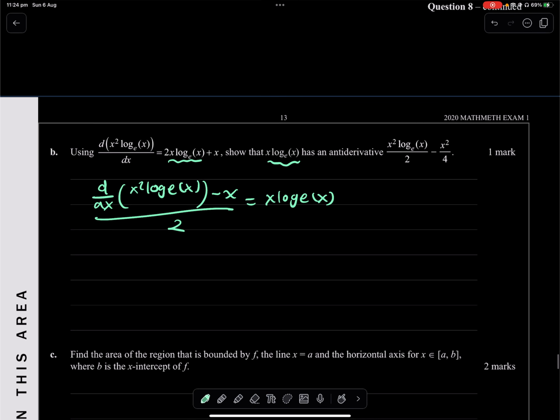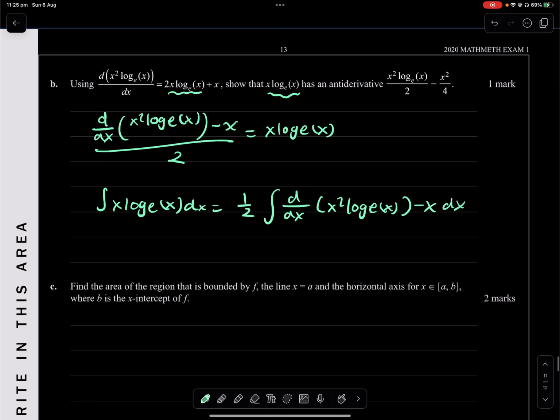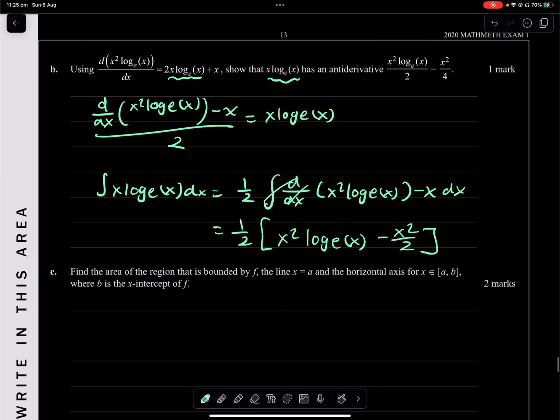It means to find the antiderivative of x log e of x dx, we can take the half, so we're trying to find the antiderivative of d dx of x squared log e of x minus x dx. The d dx cancels out, so it'll be x squared log e of x minus x squared over 2, and we multiply them all by half.